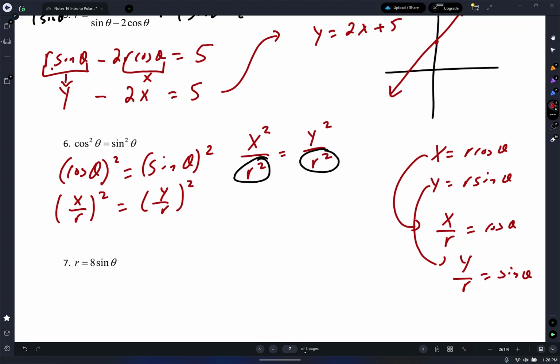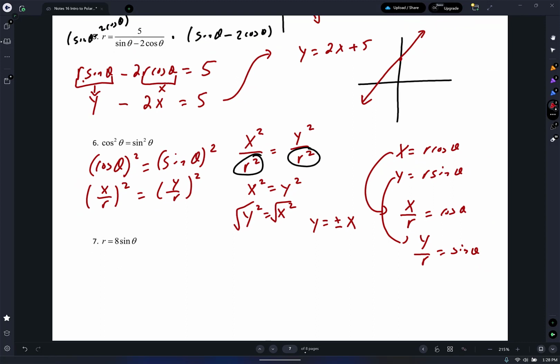So that means that x squared must equal y squared. I can rewrite it as y squared equals x squared. And I'm just going to square root it. So that means y equals plus minus x. So that looks like an x going through the origin.